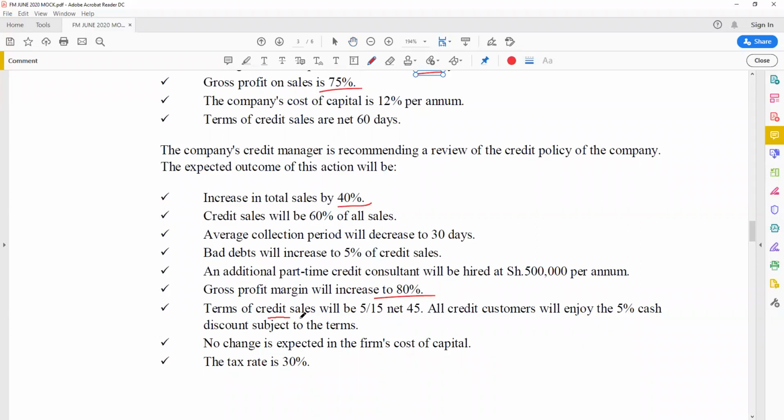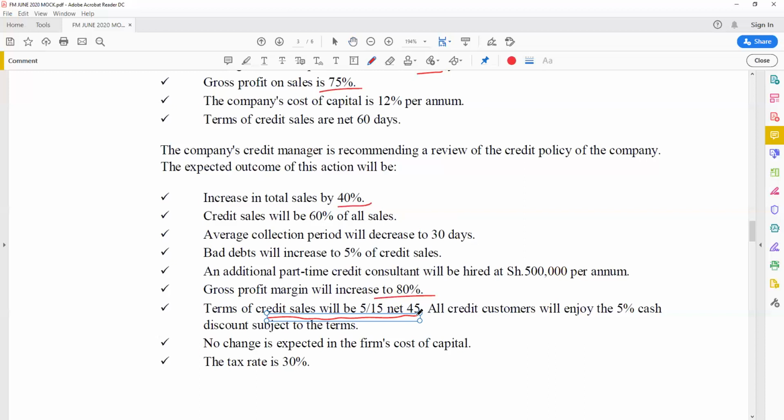The terms of credit sales will be 5/15 net 45. That is a 5% discount if the customer pays within 15 days, but generally they're meant to pay at net 45. All credit customers will enjoy the 5% discount subject to the terms.